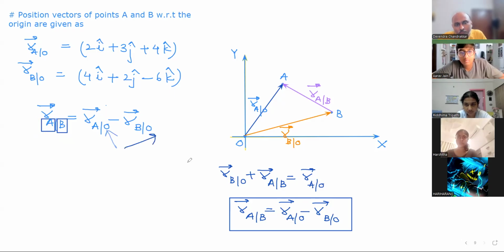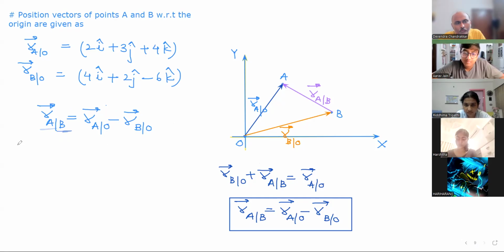Here O is the common reference point. I repeat, we subtract the position vector of the second particle from the first particle with respect to a common reference point.